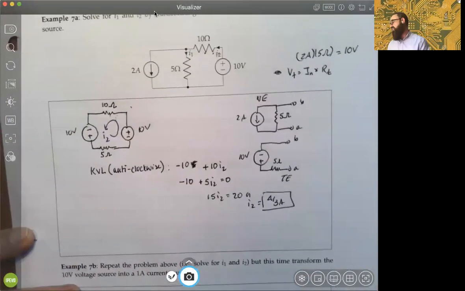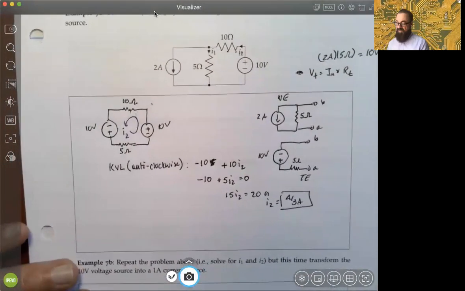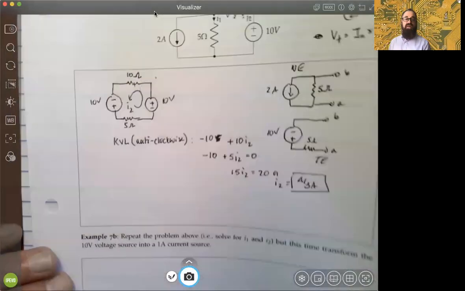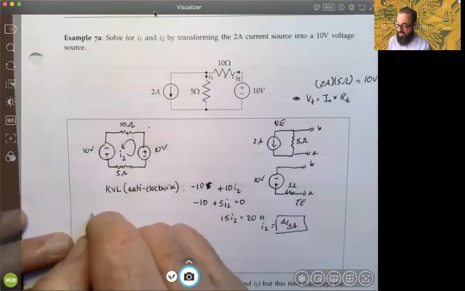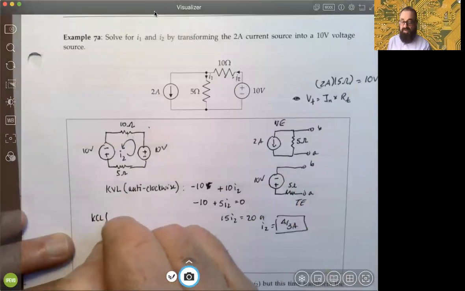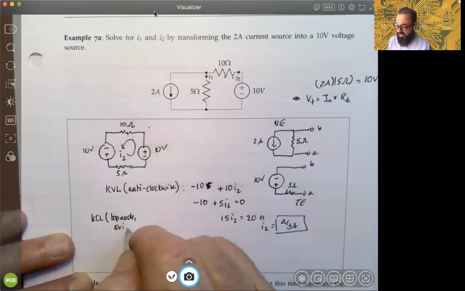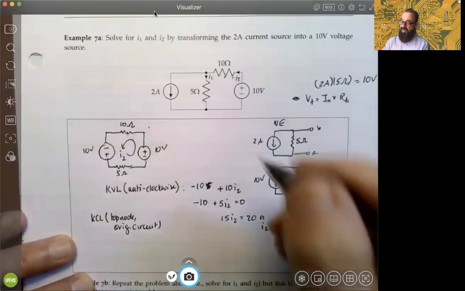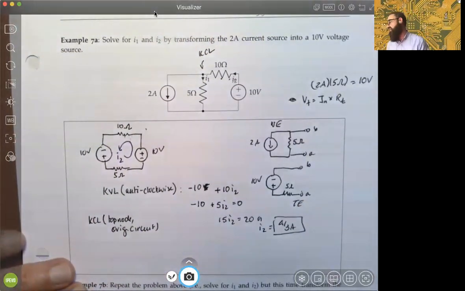So we can do a KCL now on the top node. If we do a KCL on the top node of the original circuit, meaning up here, what relationship do we have between our currents?